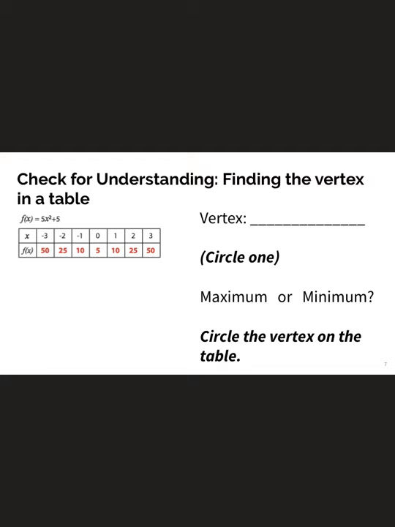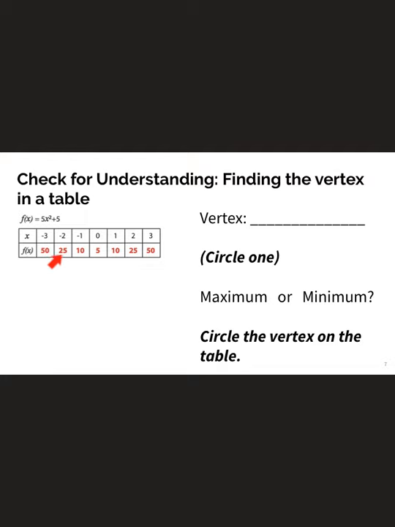Let's check it together. So when I look at my f of x row, I want to see, is there a value that's lower or higher than the rest? And is there a value where before and after that point, it starts bouncing back and repeating values? And I see that right over here, when my f of x is 5, my values start bouncing back.